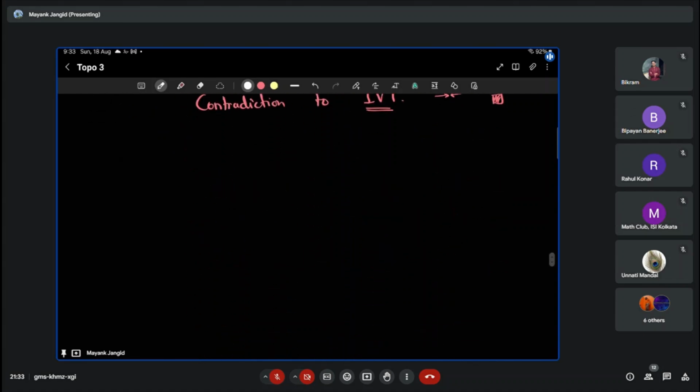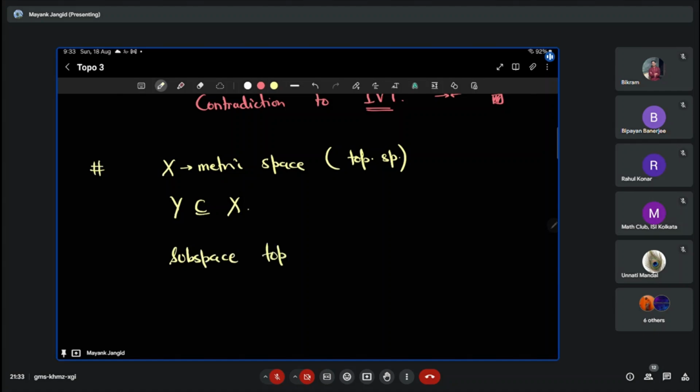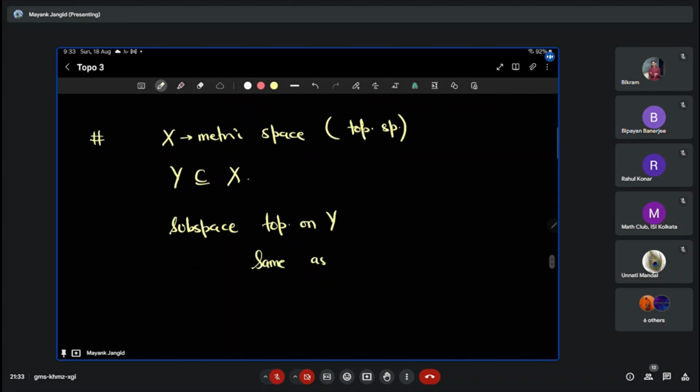So I should actually write that once. If X is a metric space, and hence a topological space, and Y is a subset of X, then the subspace topology on Y is the same as the metric topology on Y. Since Y is a subset of a metric space, Y itself is a metric space because we have a notion of distance between any 2 points of Y, and therefore it is also a topological space.